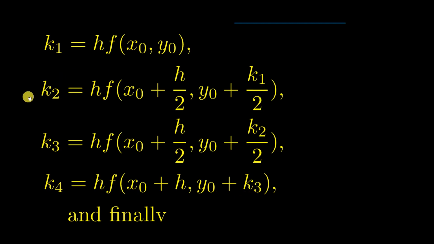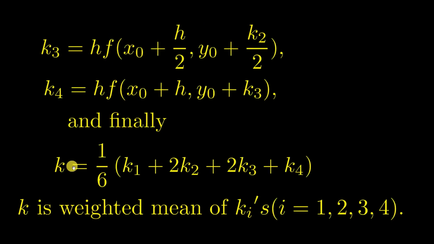Basically all these expressions are interrelated and we are going to use the previous expression at the moment. For example, the second expression k2 can be obtained by using k1 from the earlier expression. In the same way, k3 can be obtained by using k2, k4 can be obtained by using k3, and finally k has another relation which depends upon all these ki's.